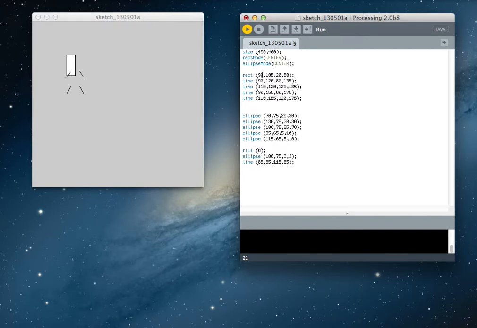We want the center point to be, in this case, remember before I had it centered on the nose. Let's center it on the rectangle and see what we can do there. So there basically are hidden variables in Processing, and those hidden variables are basically these two functions right here: width and height.